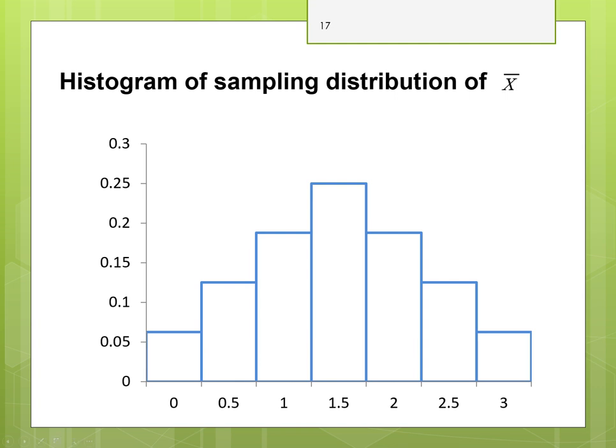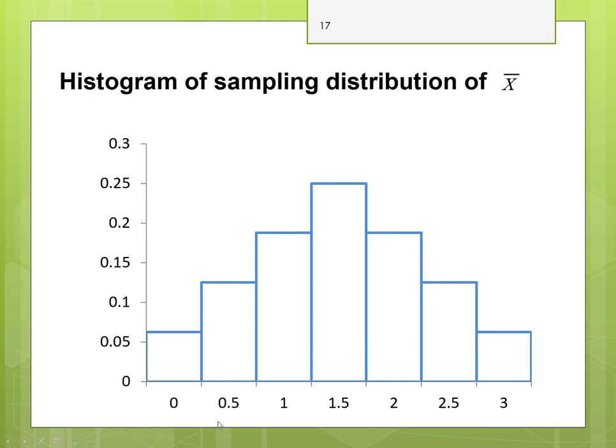Here in the x-axis, we list all the possible values of X bar, and the y-axis means the probability. We have already known that when X bar equals 0, its probability should be 1 over 16.